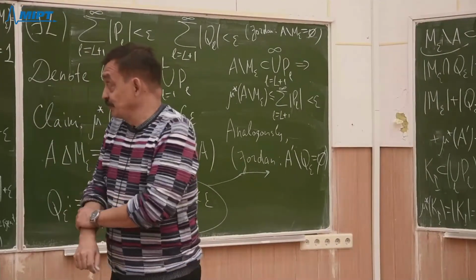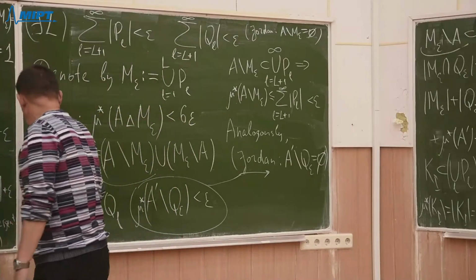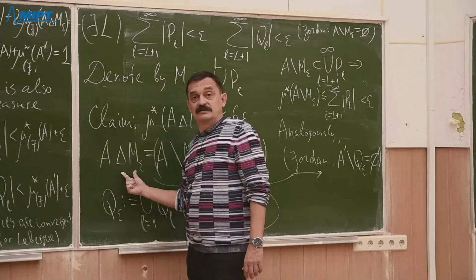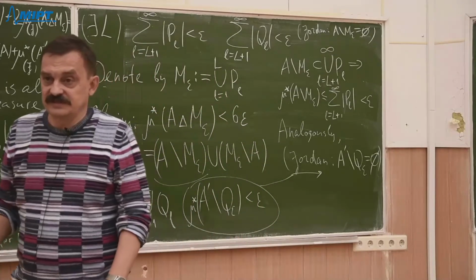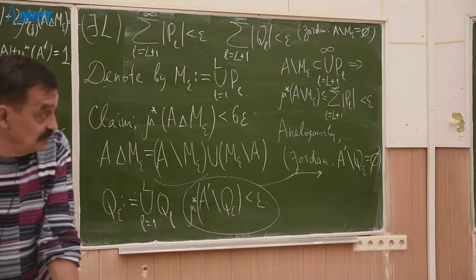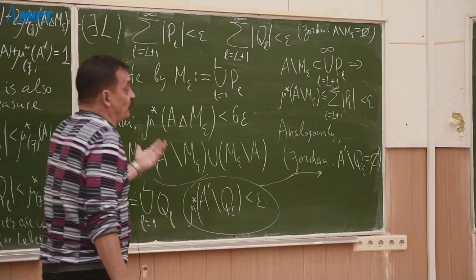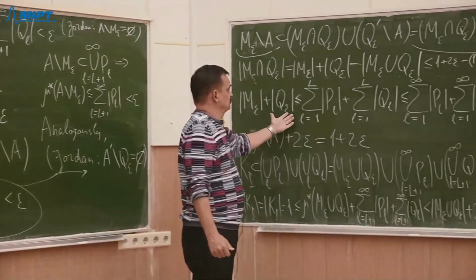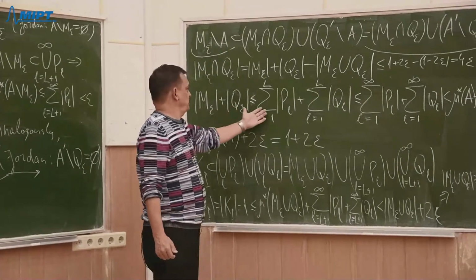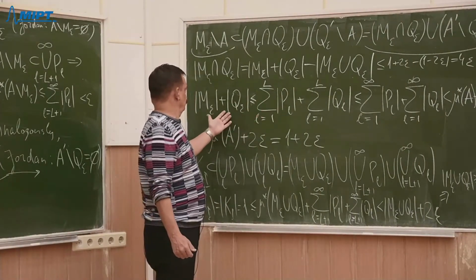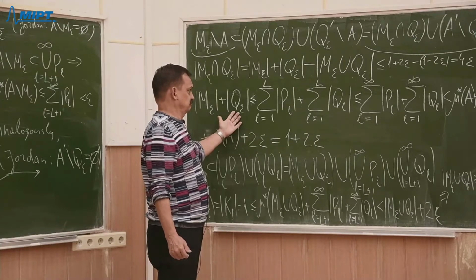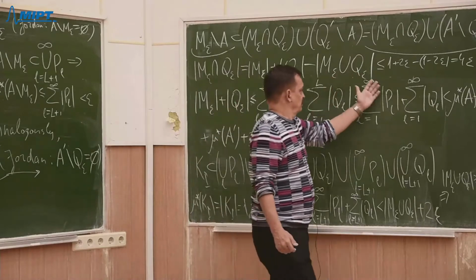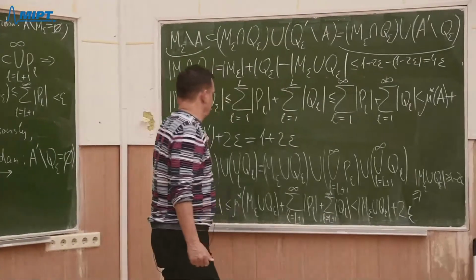And the theorem is proved, right? So for arbitrary epsilon, we have found an elementary set, which is not far from this Lebesgue measurable set. For Jordan measure, you see, this doesn't appear, so we immediately have the inequality like that.